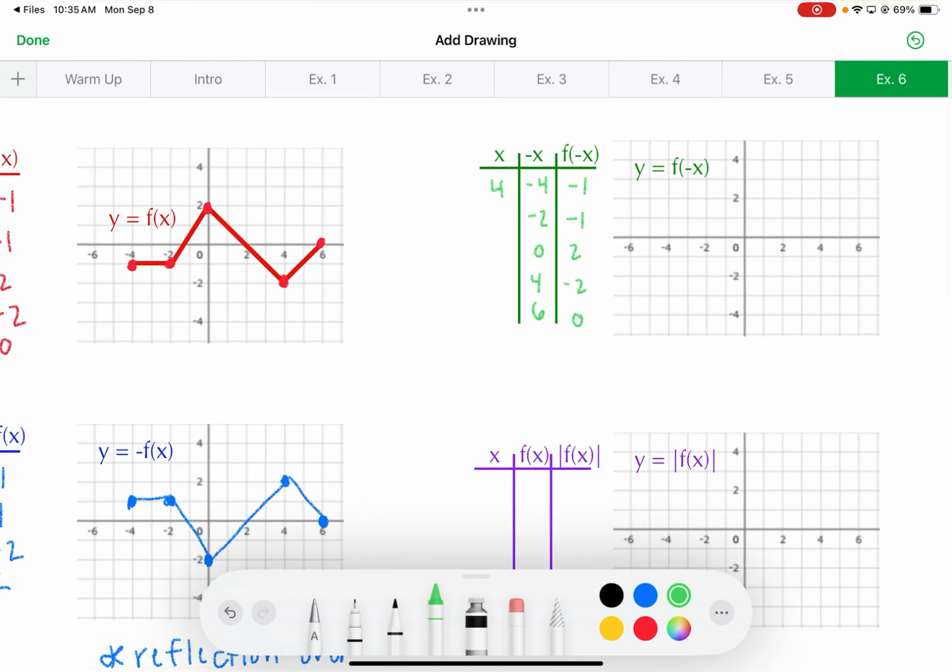Okay, so what I'm going to do is then plot the point, the ordered pair that I plot would be 4, negative 1. Right there. If I would like negative x to be a negative 2, that means x has to be positive 2. So now I plot 2, negative 1.